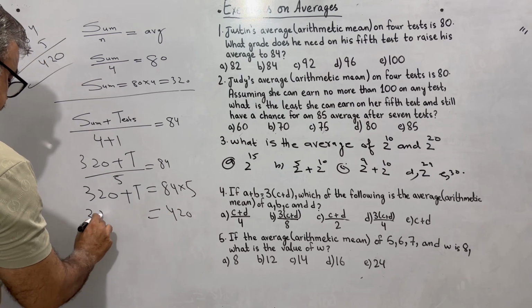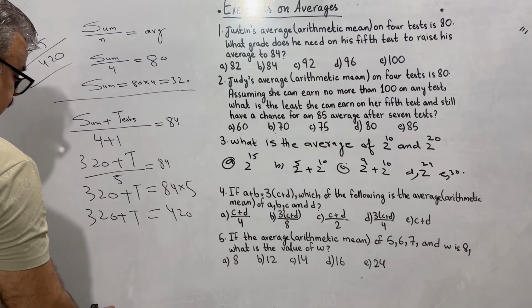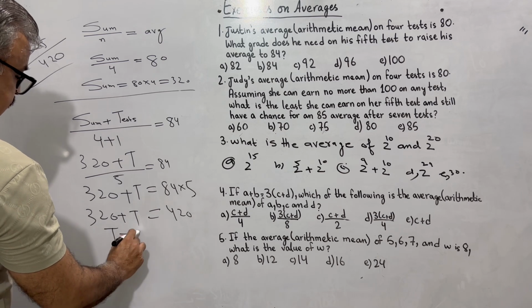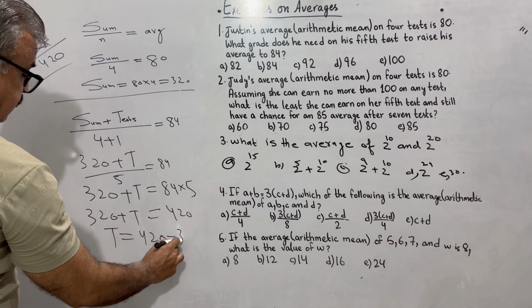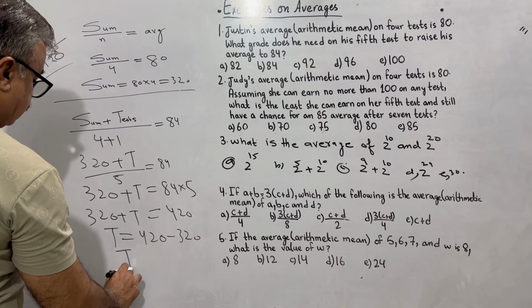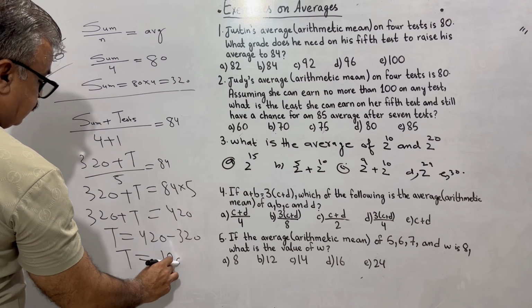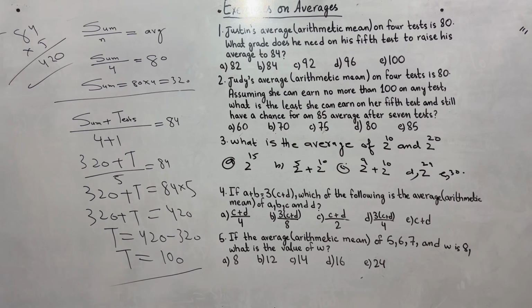Solving for the score of the fifth test: 320 plus T is equal to 420, so T is equal to 420 minus 320. So the score on his fifth test must be 100 in order to raise his previous average of the 4 tests from 80 to 84.